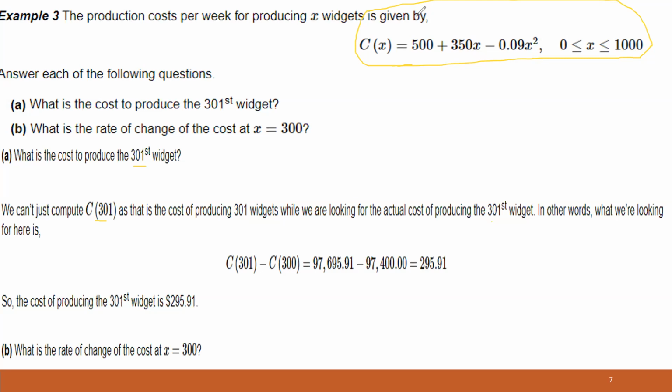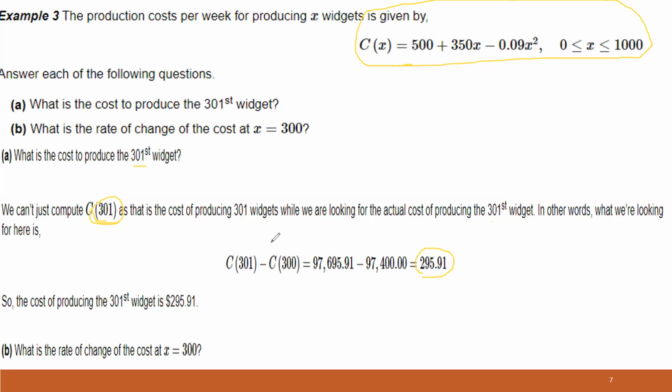Yes, we don't want that. We just want the cost of producing that 301st widget, not 301 widgets. So what we can do is find the cost of producing 301 widgets, and then subtract the cost of producing 300 widgets, and that will give us the cost of producing the 301st widget.